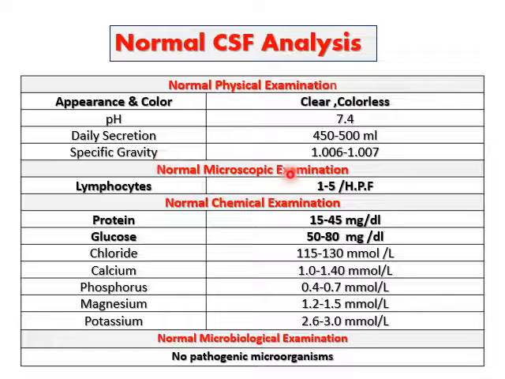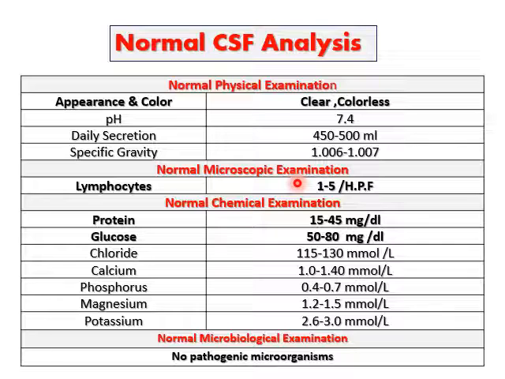The microscopic appearance, normally no cells in the CSF or very few cells, very few lymphocytes from 1 to 5 per high power field. No RBCs, no other white blood cells. This is the normal microscopic examination for CSF analysis.